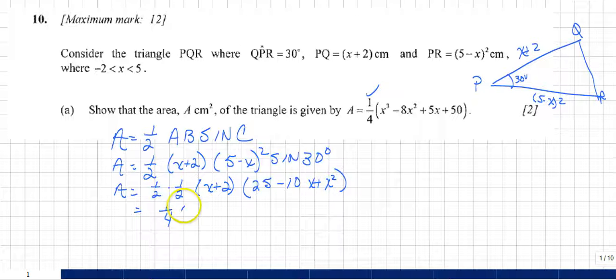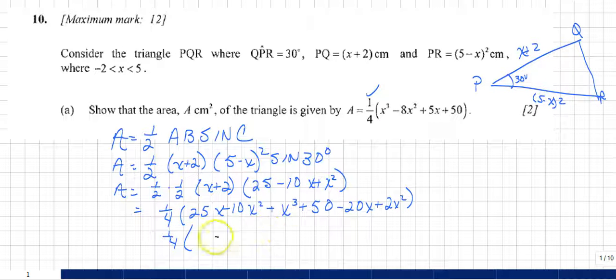Now the rest of it is you just have to double distribute. So x times the trinomial would give us 25x minus 10x squared plus x cubed. And then 2 times everything. So 2 times 25 is 50 minus 20x plus 2x squared. And the rest is just collect terms. So we have 1/4.